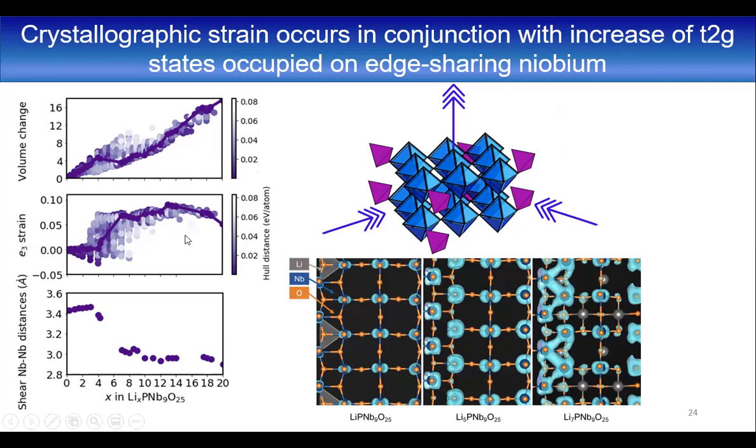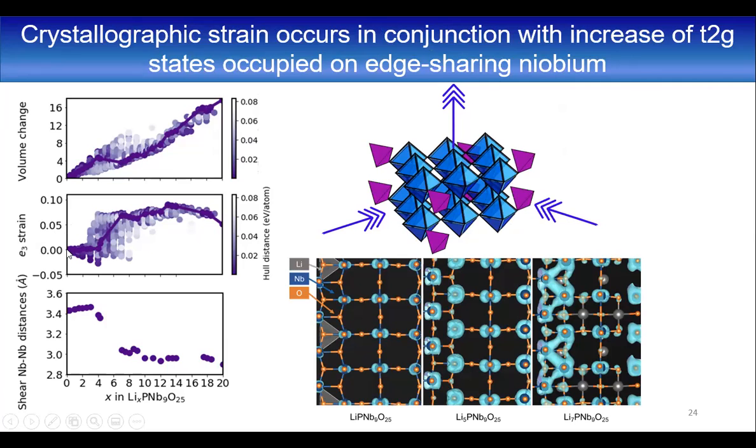We also examined the crystallographic strain that occurs in these structures and found that there's only a small volume change when you include more and more lithium, which is what you would want with a battery chemistry or a battery analog chemistry. We also noticed that there's a particular strain that occurs for phosphorus niobium oxide.